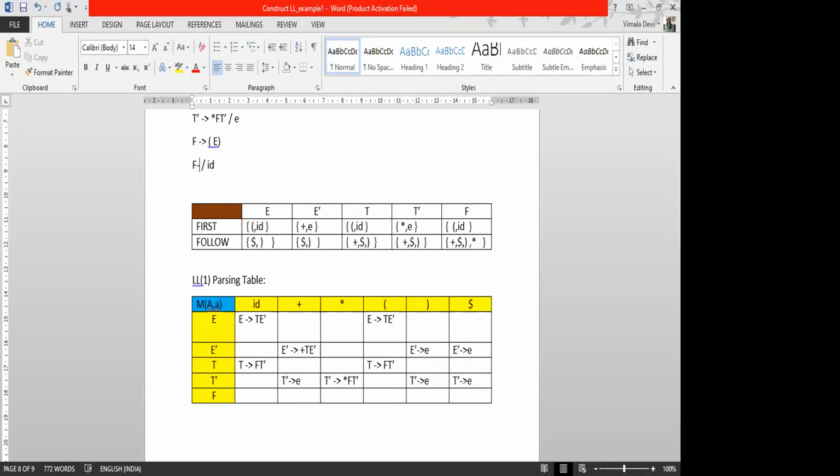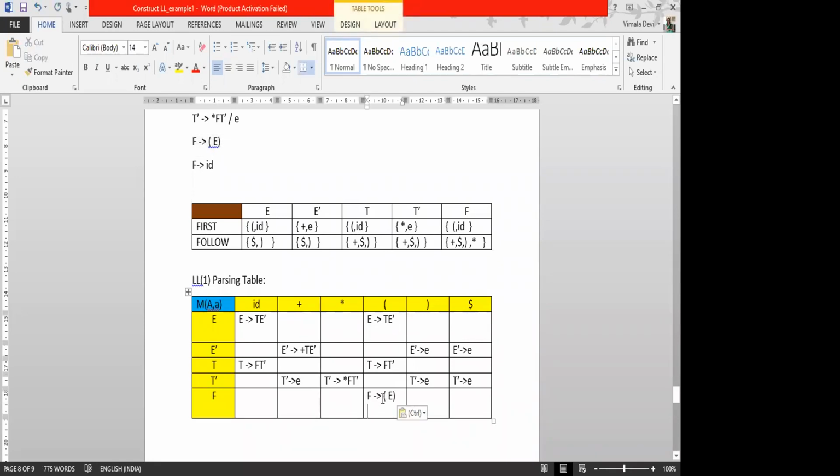So you have to fill the rule F derives E against this open parenthesis. F derives ID. When you consider the rule, what is the first of F? It is ID. So against the cell F comma ID, I have to fill the rule F derives ID.